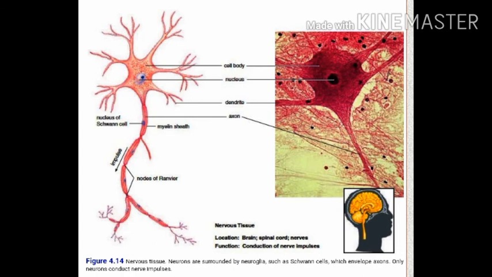The nerve impulse is transported through the axon and at the end of the axon we find nerve endings or axon endings. From the axon endings, the nerve impulse can then be transferred to the dendrite of the next neuron, or ultimately the nerve impulse will be passed on to the muscle.